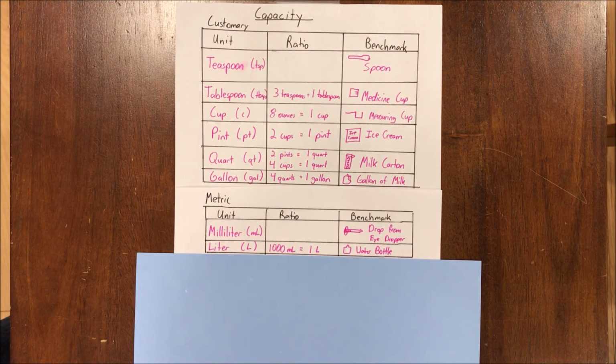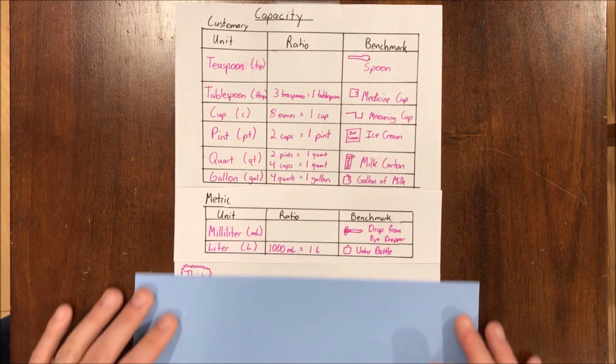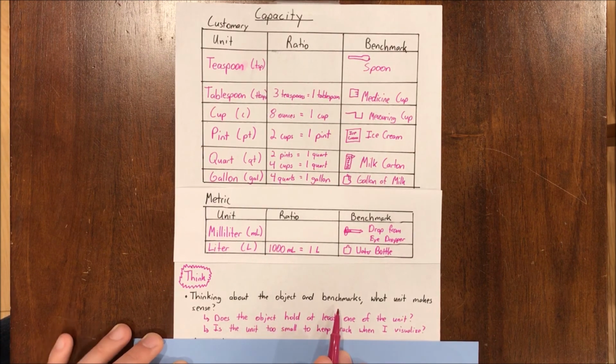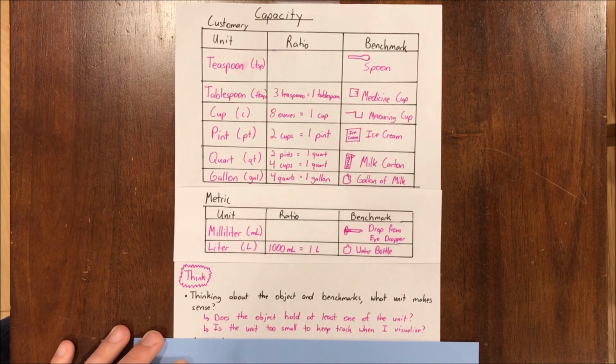All right, so what do we need to think about in order to estimate the capacity of something? Go ahead and say it out loud. Yeah, just like yesterday, we have to think about the object and the benchmark and think what unit makes sense. And to do that, we have to think, does the object hold at least one of the unit?